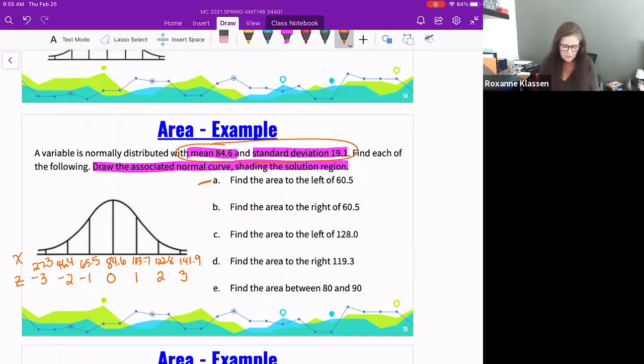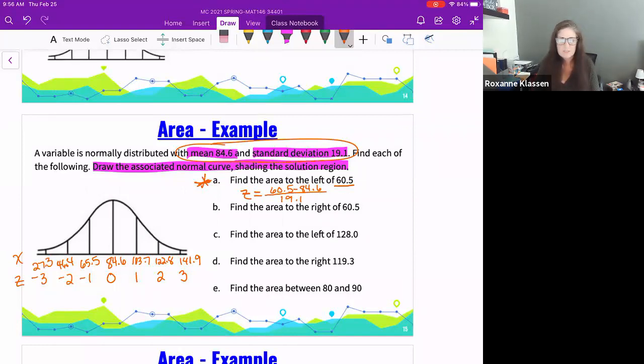All right. So now I'll do this one with you. It says find the area to the left of 60.5. So first we have to find the Z score. So we're going to do Z equals 60.5 minus 84.6 divided by 19.1. Everybody do that on your calculator.